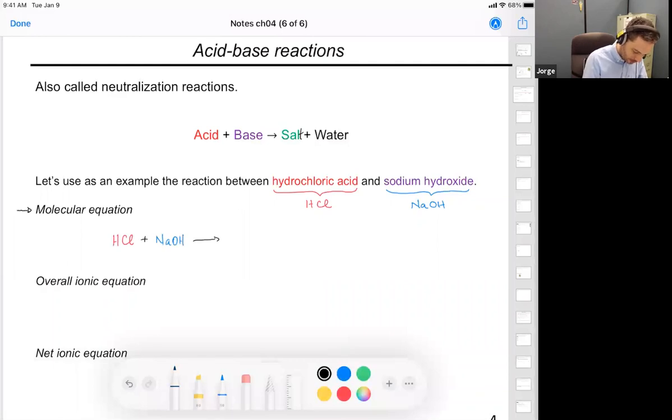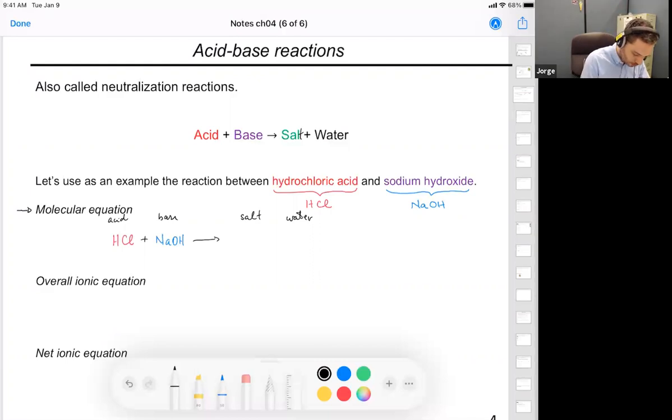So we have here an acid reacting with a base. The result of this reaction is salt and water. Acid-base reactions are basically a double displacement reaction.